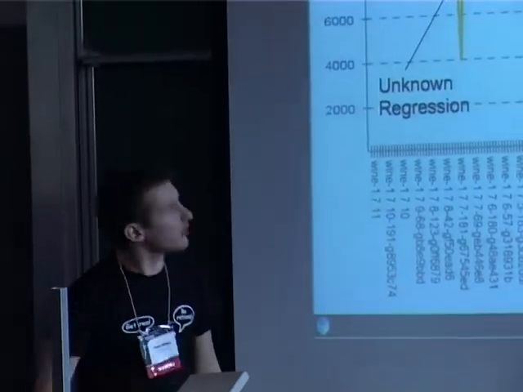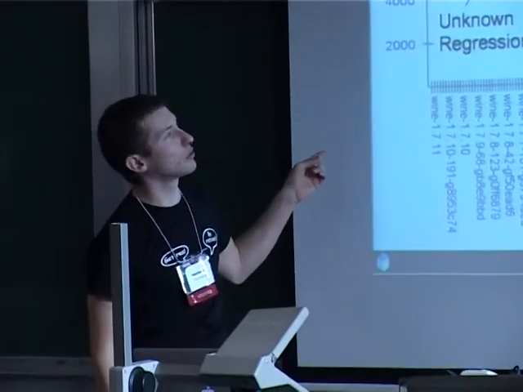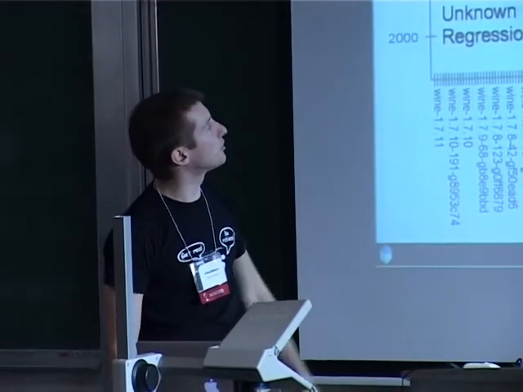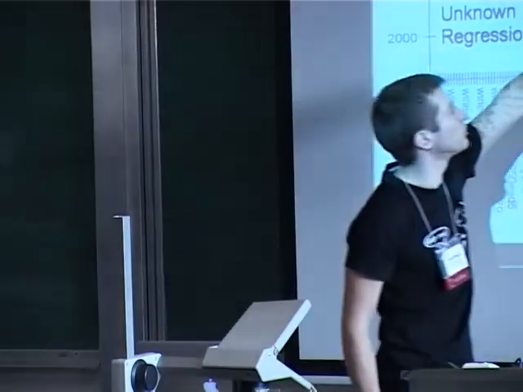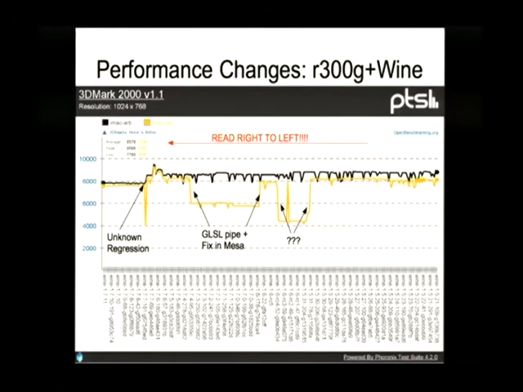The application here is 3DMark 2000. I picked that one to demonstrate this because it clearly showed the GLSL pipeline replacement regression. Games that used shaders on their own did not have the regression, obviously.